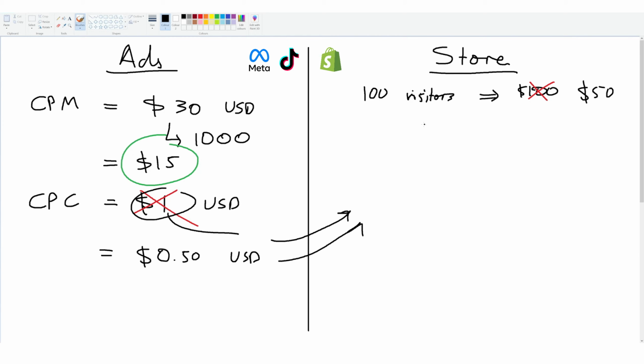So 100 visitors, and if your conversion rate for purchases is at 1%, that means for every 100 visitors you get 1 sale again. And then to cover $50 in ads, you're going to need $100 in sale for each of this 1 sale, depending on your markup.